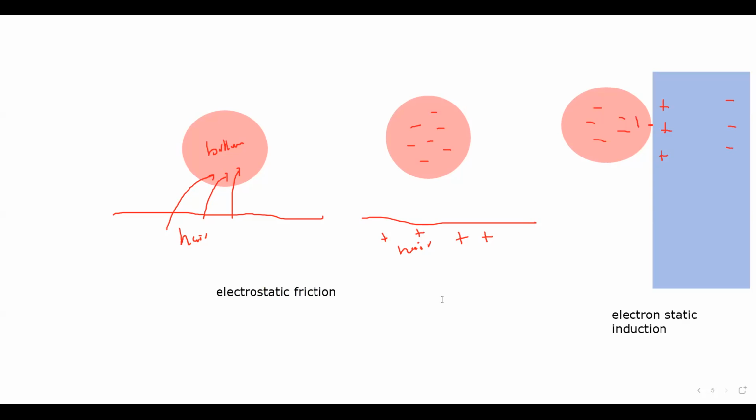So when one material gets a positive charge, the other gets a negative charge, and unlike charges attract each other, so your hair is attracted towards the comb. Is it clear, these examples? I will give more, but these are everyday examples where you experience electrostatic friction and electrostatic induction.